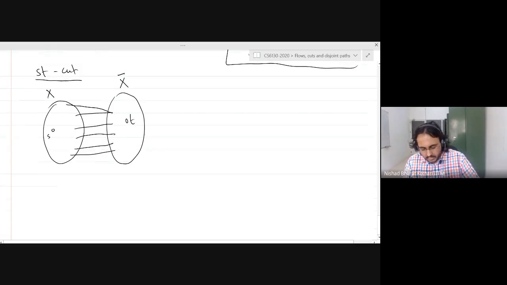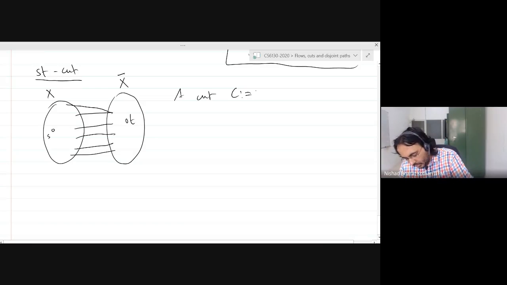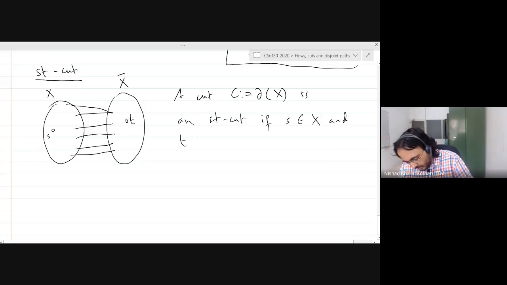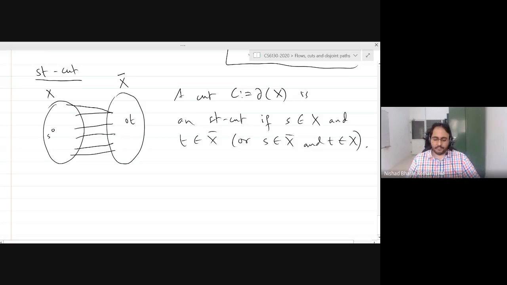So a cut C equal to partial of X is an ST cut if S belongs to X and T belongs to X bar, or of course vice versa. S could be in X bar and T could be in X.